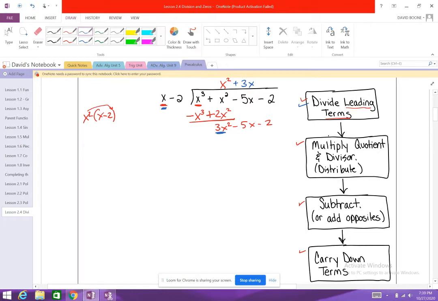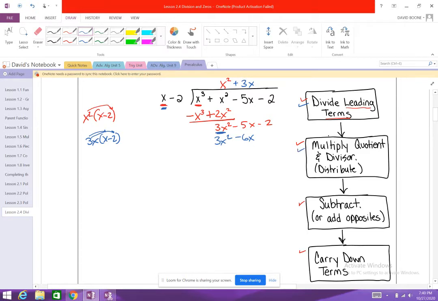Now I'm going to multiply that quotient, that 3x, times that x minus 2 up front. When I do this, I get 3x squared, and then 3x times minus 2 is a minus 6x.